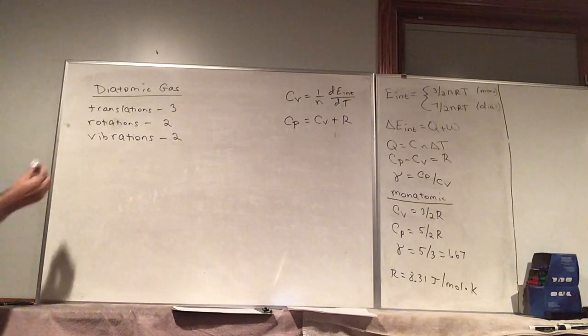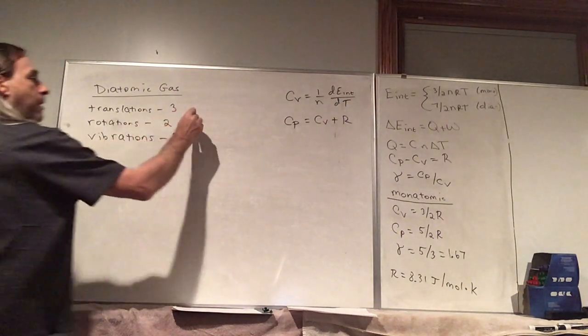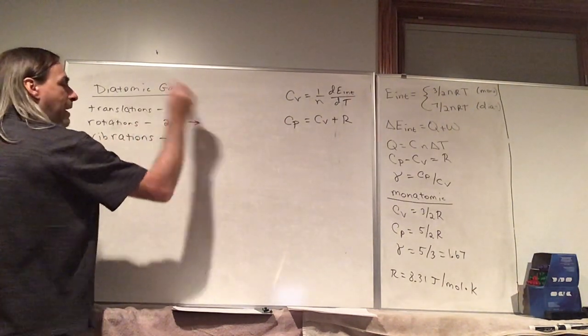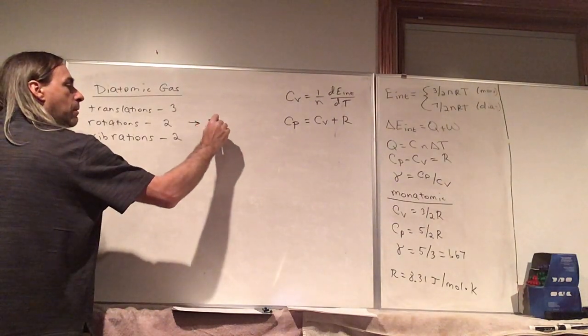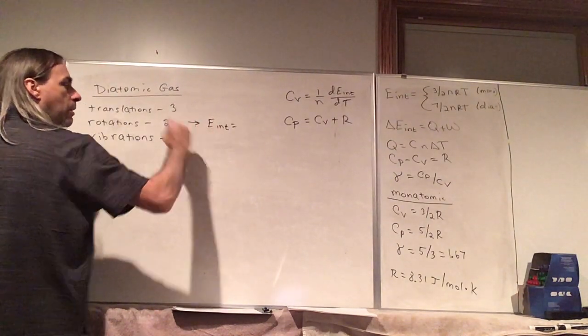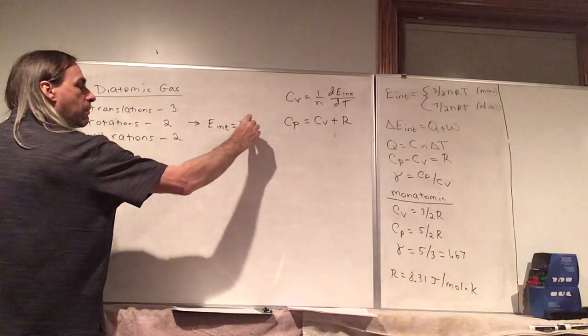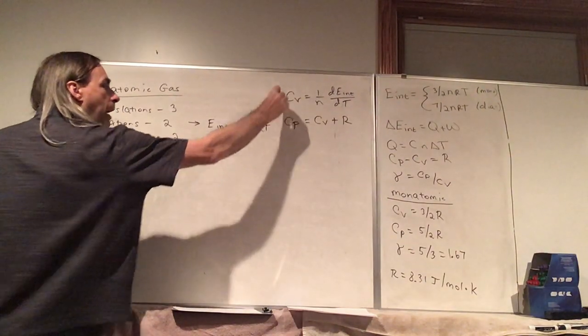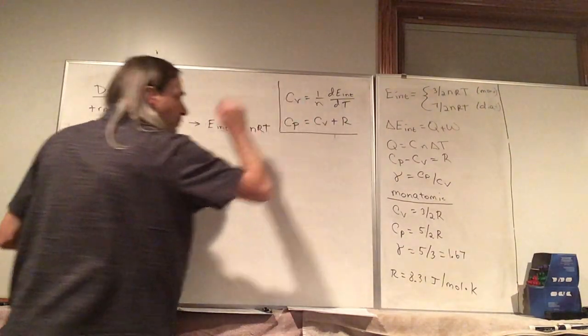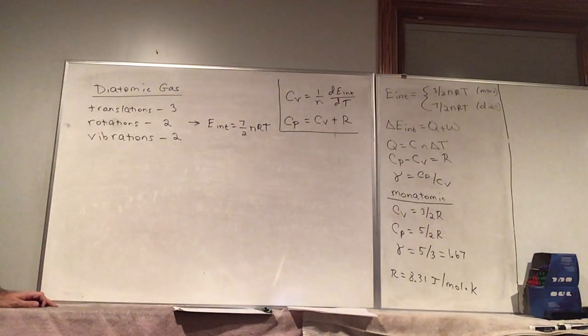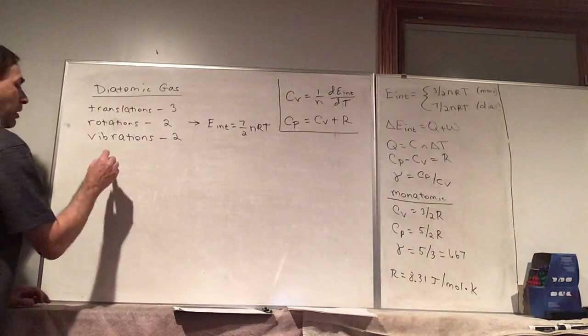So what we should expect here is the internal energy for a diatomic gas should be 7/2 nRT. Now let's calculate our specific heats in this case. Very easy now using these formulas.